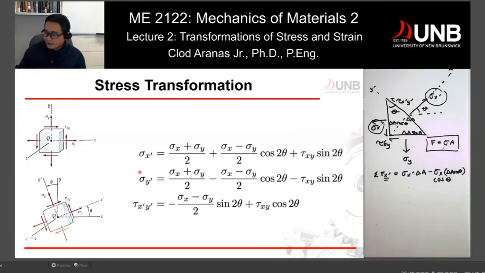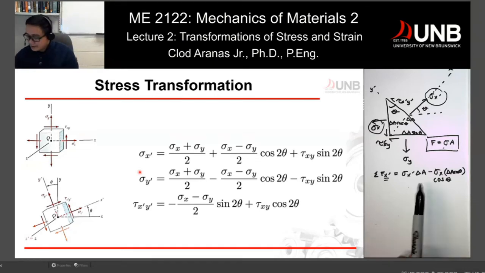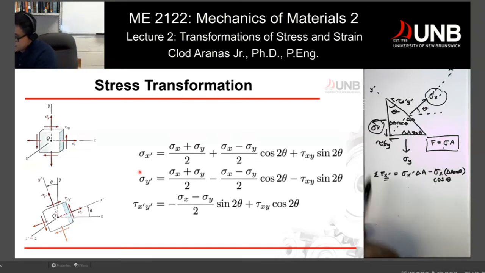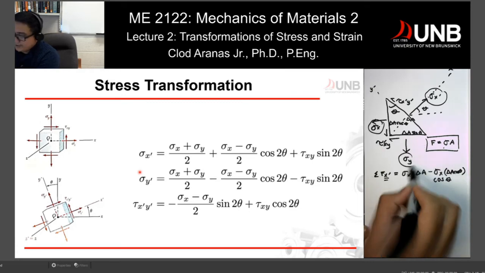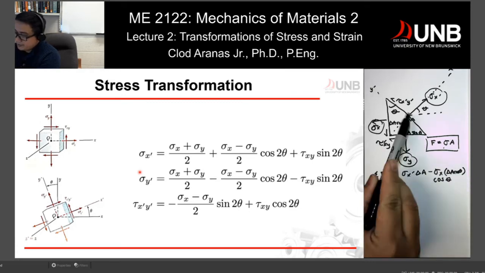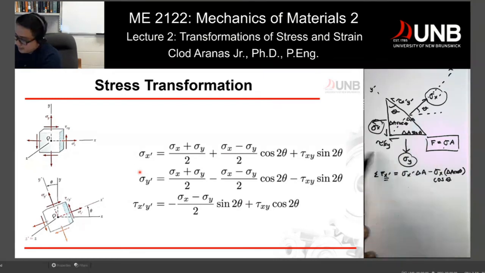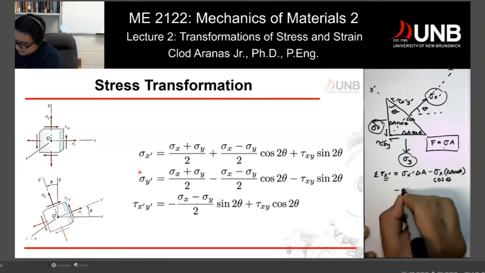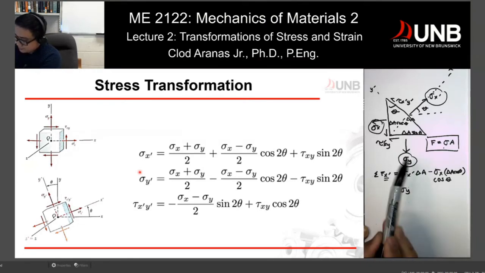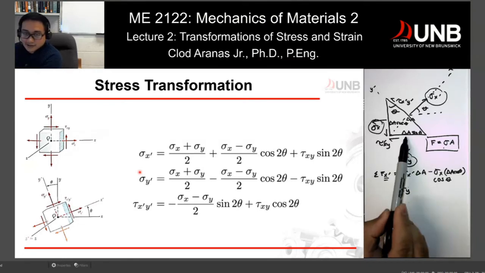Now you have to do it one by one. I'm going to write it right now. You can do a little bit of practice. So we considered this sigma x. Now we have sigma y. Sigma y is pointing to the negative direction of your x prime direction, and that would be negative sigma y applied to that area.